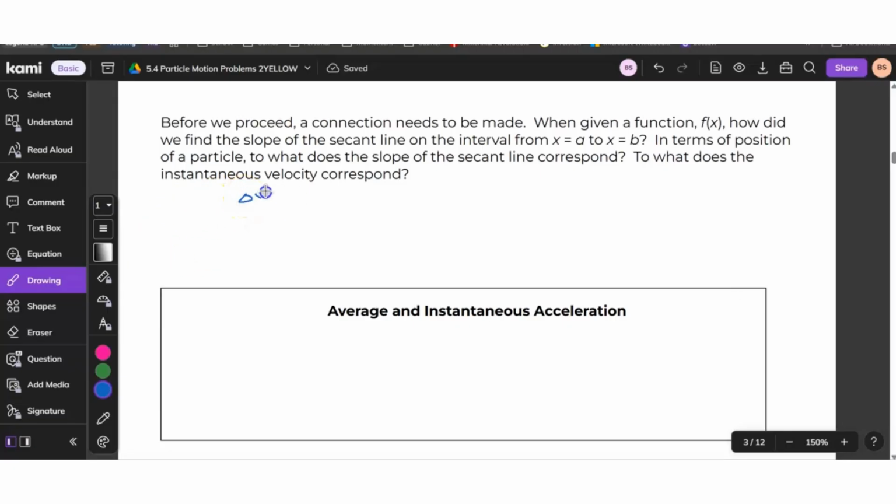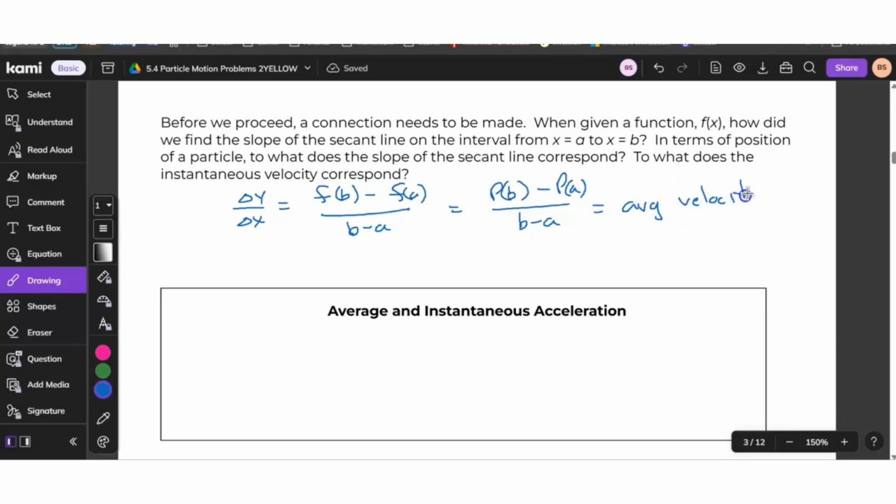So it was delta y over delta x, which when we expand it is, of course, f of b minus f of a over b minus a, which in our case here is p of b minus p of a over b minus a. And you'll notice I purposely wrote it in the opposite order than last time because I want you to see you can do both. And this is, of course, our average velocity. In terms of the position of the particle, the slope of the secant line is that average velocity.